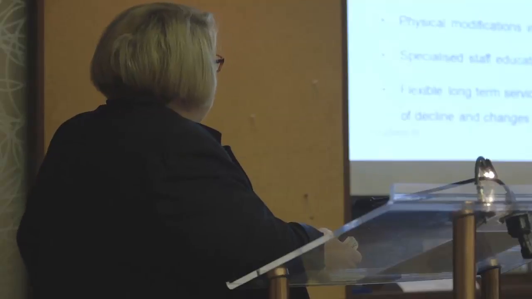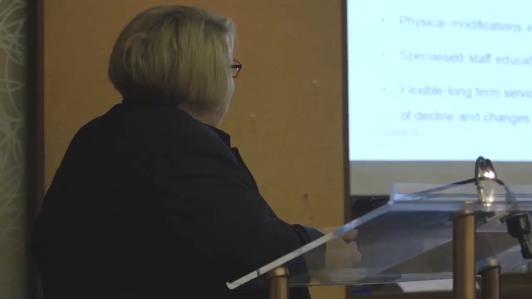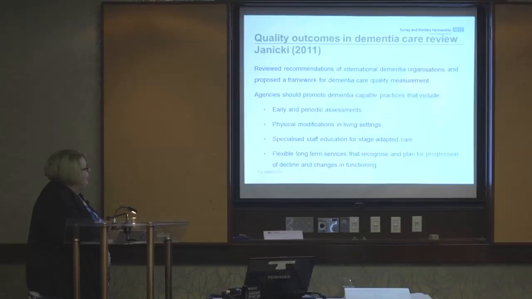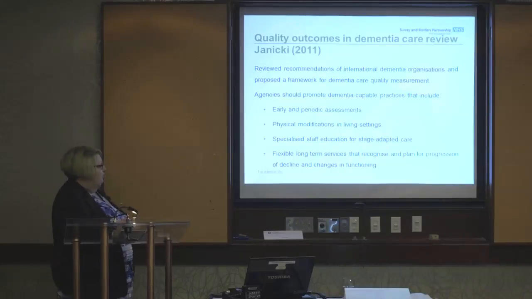So then I went back to the literature, and in fact, this came out after we'd started to do the work on outcomes, and it was really helpful. So again, Matt Janicki, who's from the East Coast of America, has been doing quite a lot of work looking across different international dementia organisations about dementia care, particularly for people with intellectual disabilities.